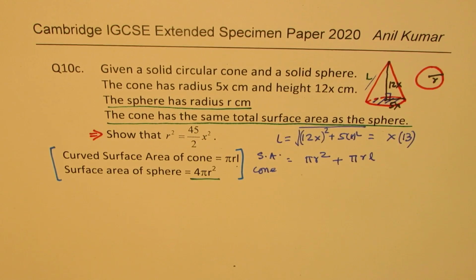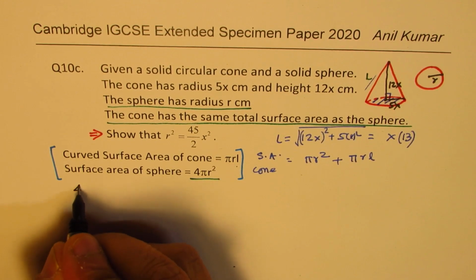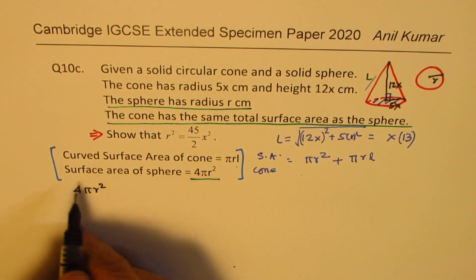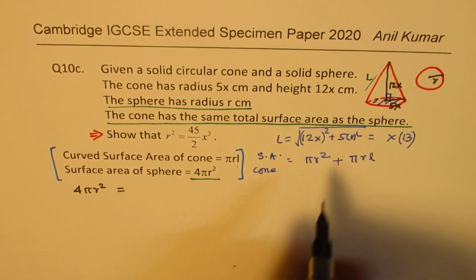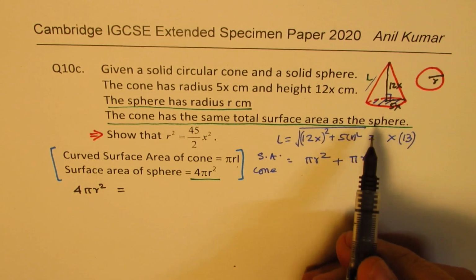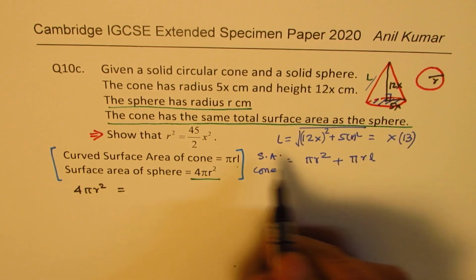Now we are given this is the same as the surface area of a sphere, which is 4 pi r squared. So we can now equate the two. We have 4 pi r squared, the surface area of a sphere, equal to pi times the radius, which is given to us as 5x. So we'll replace this r with 5x.